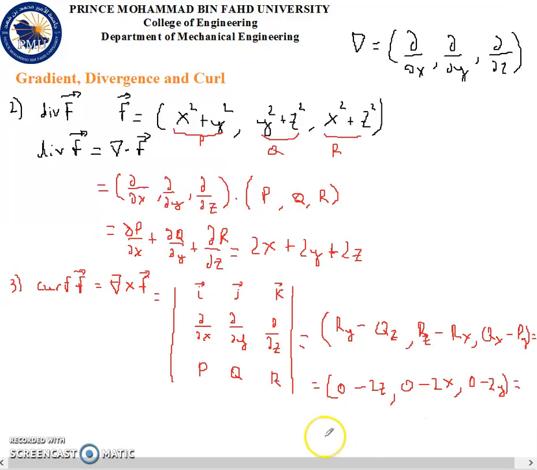We can write this a bit nicer as minus 2z, minus 2x, and minus 2y, and I remind you that this is a vector.